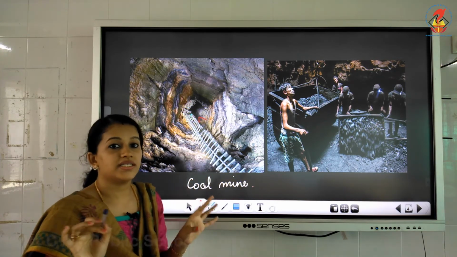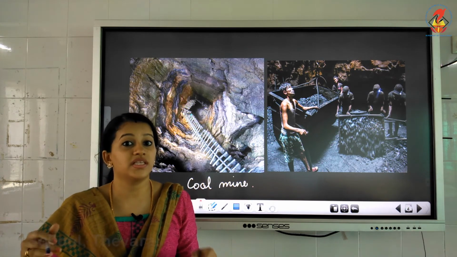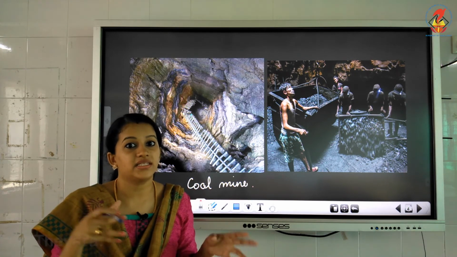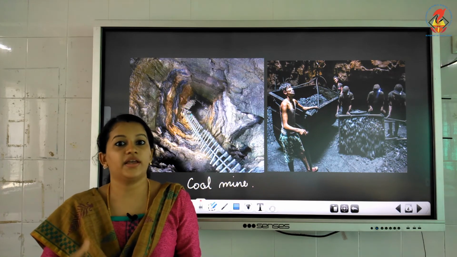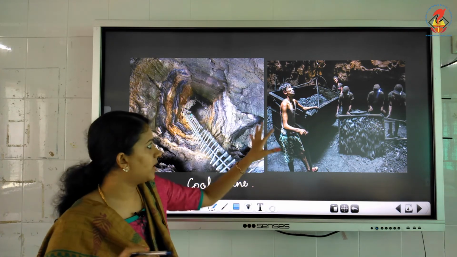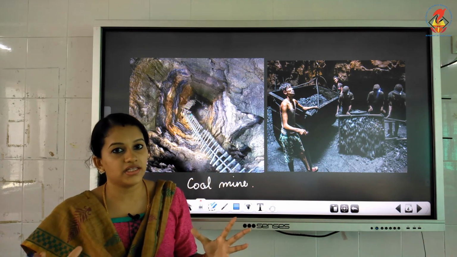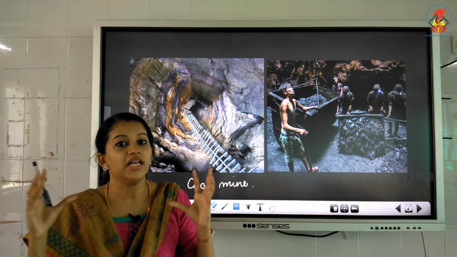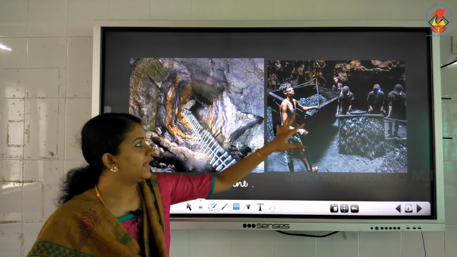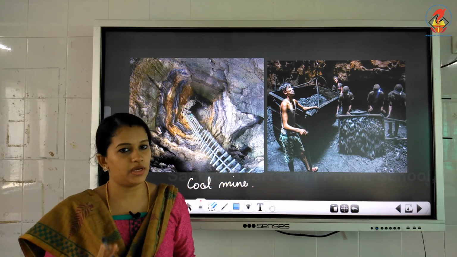The workers that work in this mine work very hard. Why? Because they go inside these deep holes to get the rocks so that they can extract the minerals. They cut or break these large ores of that mineral, that means the rocks, and take them outside so that they can extract the particular mineral from them.